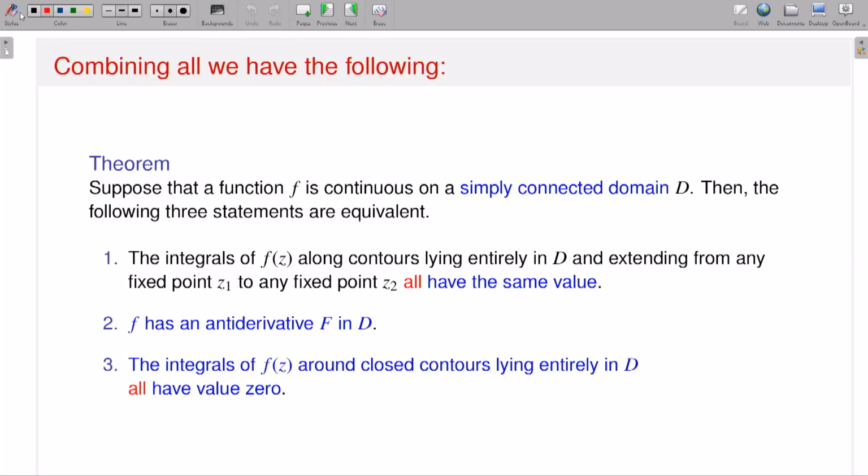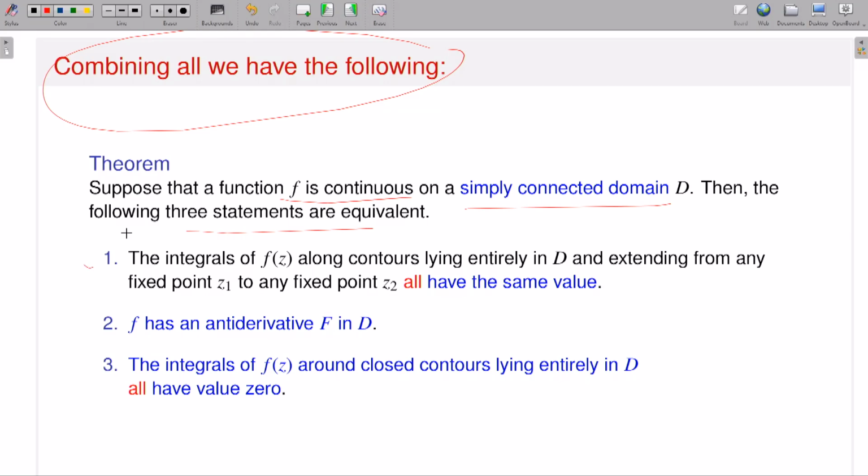As I said, this is the theorem, you can just recall it. It is a combination of the observations I discussed in my earlier lectures. It says that if I start with a continuous function on a simply connected domain, then the following three statements are equivalent.